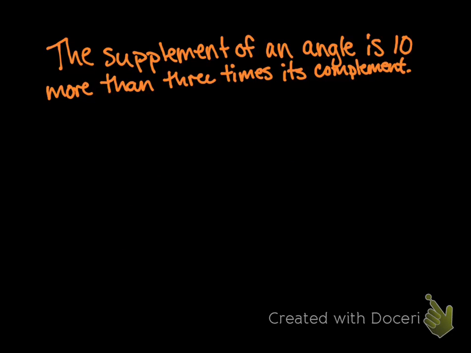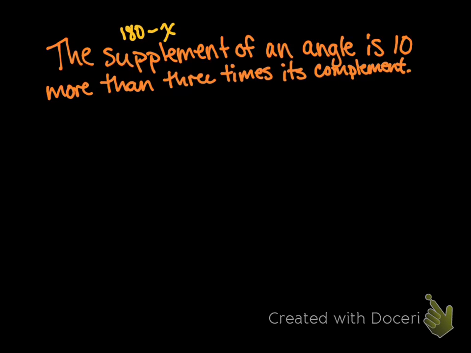So this example here, the supplement of an angle is 10 more than 3 times its complement. Now, don't stop at 10. We need to keep reading the sentence. So 10 more than 3 times its complement. We like to think of "is" as an equal sign. So the supplement of an angle, remember we said the supplement should be 180 minus x.